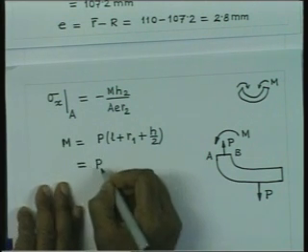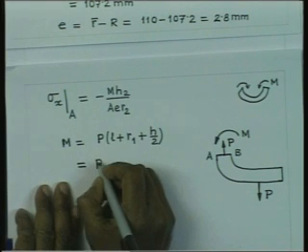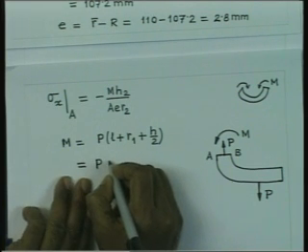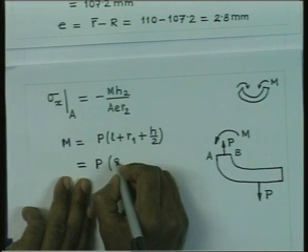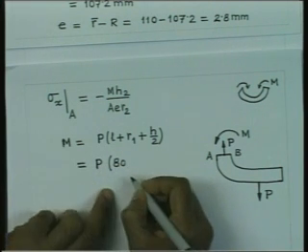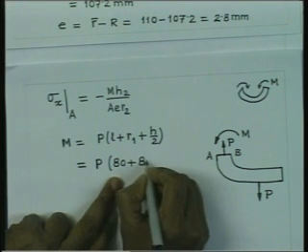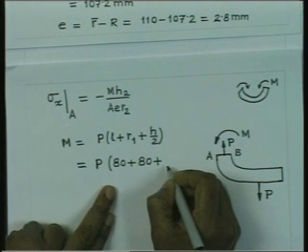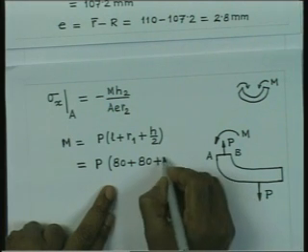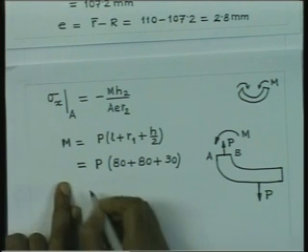P is 20 kilonewton, and L is 80 plus R1 is 80, and the height is 60, so half of that is 30.